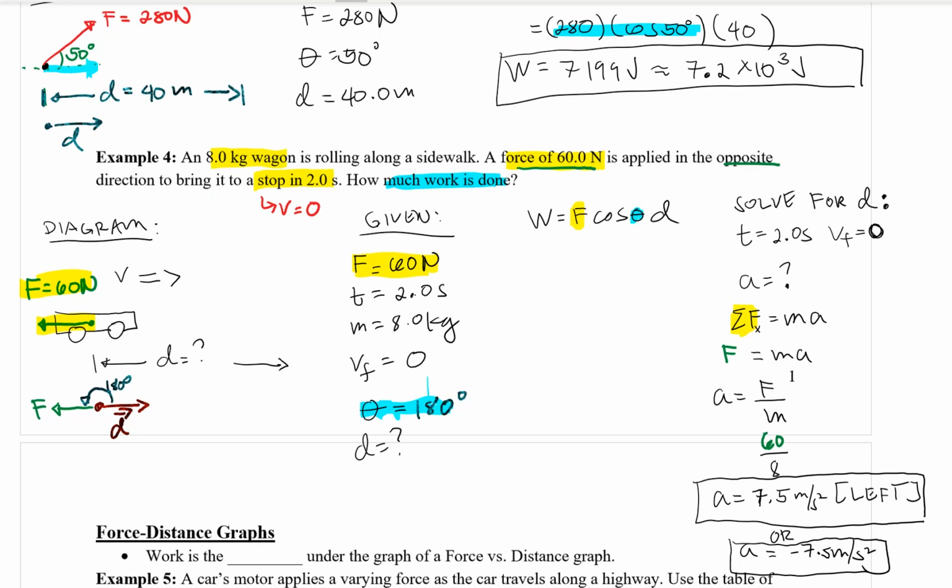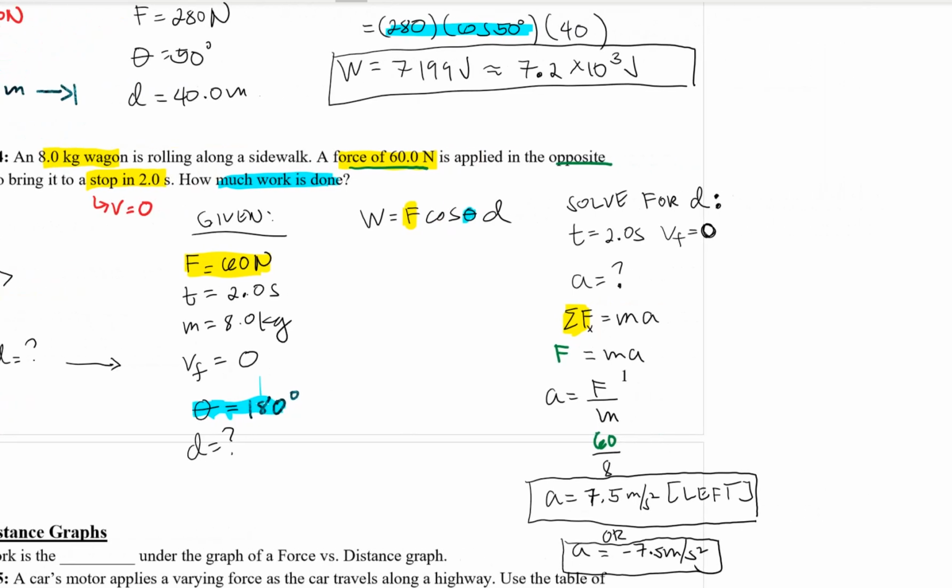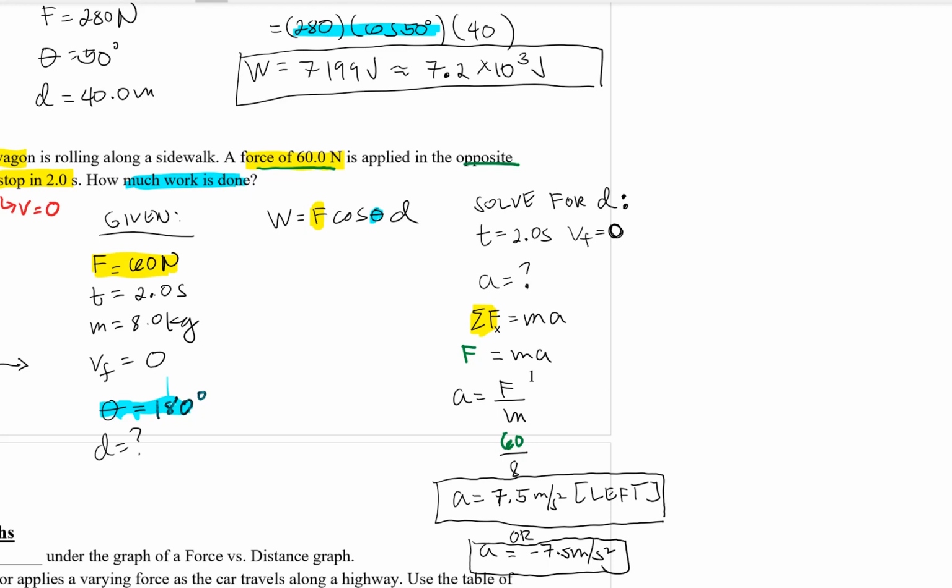So I'm just going to extend this one here. You now have a as an additional, it's negative 7.5 meters per second squared.